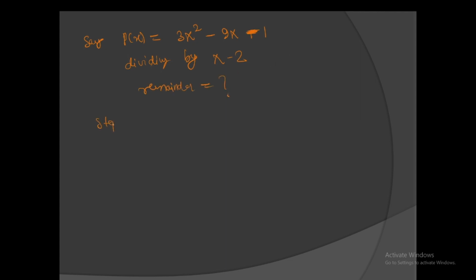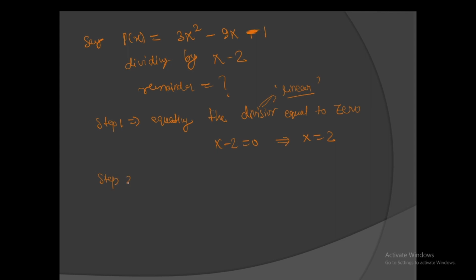So our step one is equating the divisor equal to 0. Here our divisor is linear. Very important, keep in mind that our divisor is linear. So equating the divisor equal to 0, x minus 2 equal to 0. We get the x value as 2.